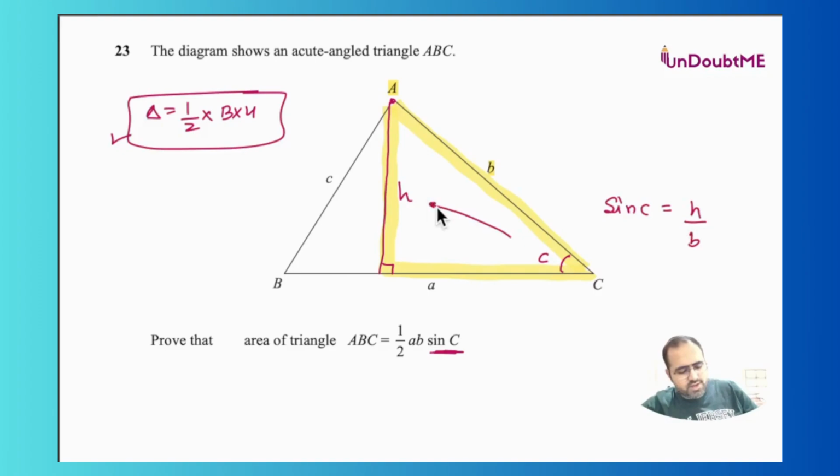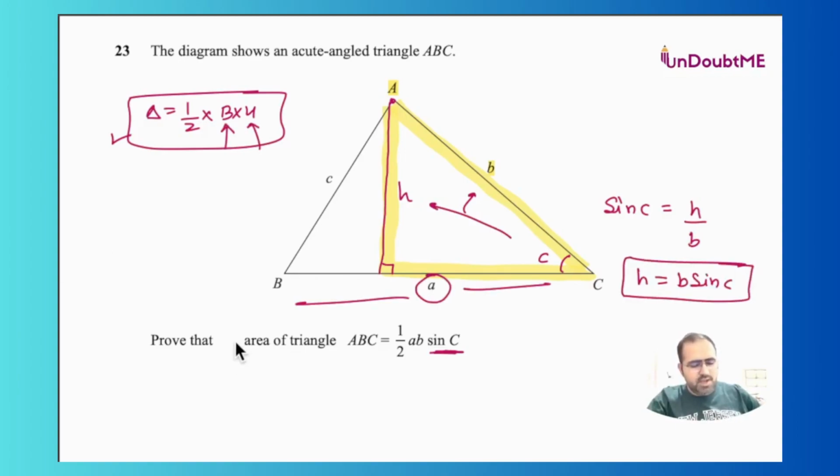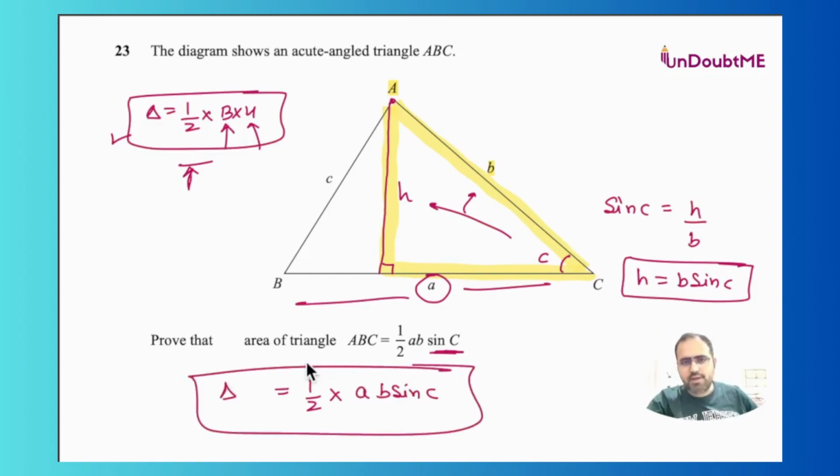H is the opposite and b is the hypotenuse. So the value of h can be written as b sine C. I will just apply the conventional formula for area of a triangle, that is half base into height. Base is a, height is b sine C, and that is how area of triangle is proved as half ab sine C.